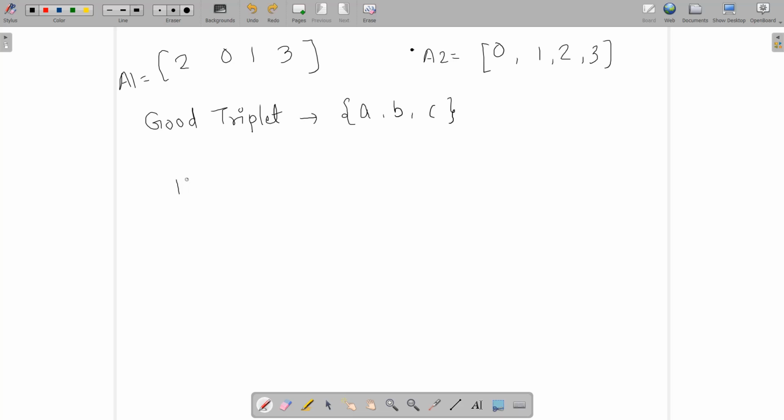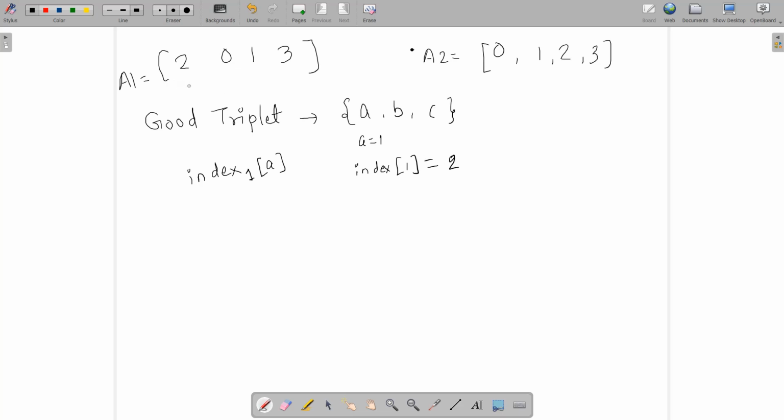Okay, so you can see that index of A, so I can write down index 1 of A. It will give out some index. Let's say, for instance, A is 1. So the index of the value 1 will be, you can see, 2.